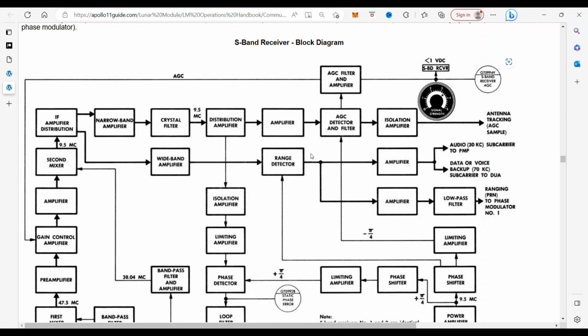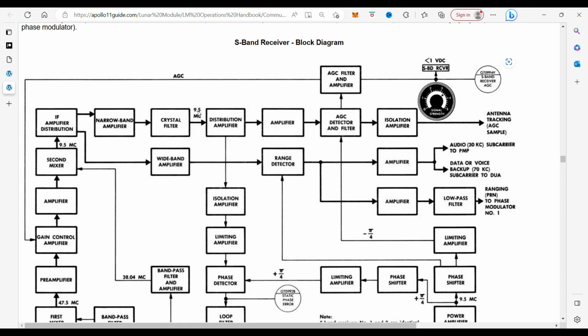And that signal, as it's sent over to the antenna, is going to say, all right, let's go up a degree, let's go down a degree, let's see what the difference is. And that will come into this part right here. So we've got the signal strength coming in, measuring how strong this 9.5 MC is.